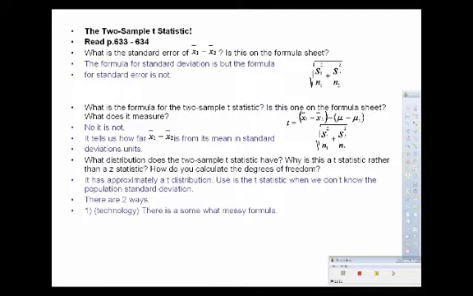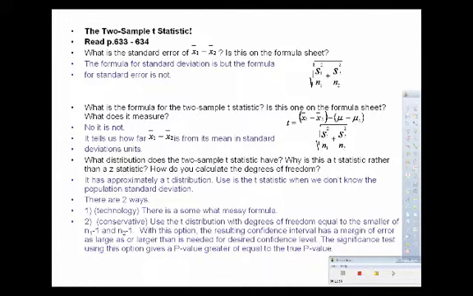Your other option is the conservative method. Use the t-distribution with degrees of freedom equal to the smaller of the two, either your first sample size minus 1 or your second sample size minus 1, whichever one is smaller.